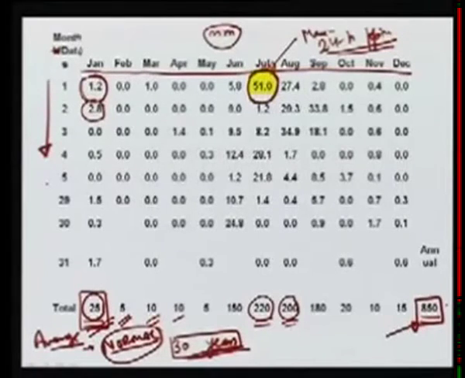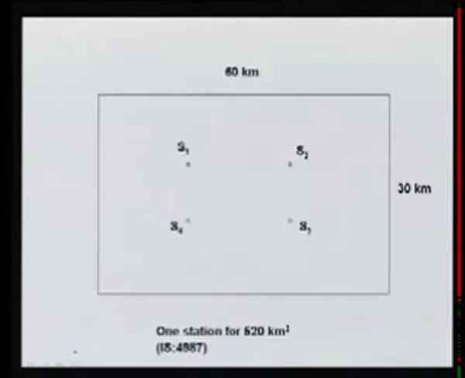Now let's take an example, a hypothetical catchment area which is 60 kilometers by 30 kilometers in size, and for sake of presentation we can idealize it as a rectangular area, although in practice it will not be so.